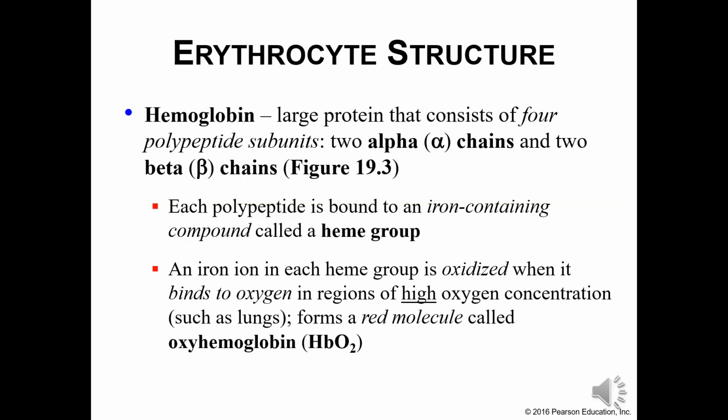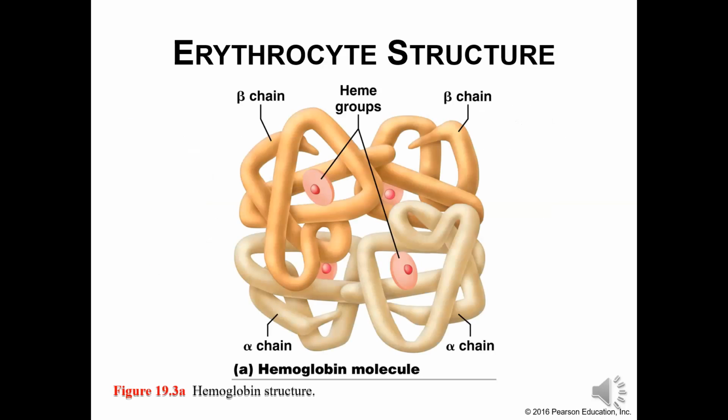eventually to the tissues. You can buy at Walgreens or CVS these pulse oximeters, and kind of get an estimate of your percent saturation. And that basically is reflecting the amount of oxyhemoglobin present in your body and the saturation.